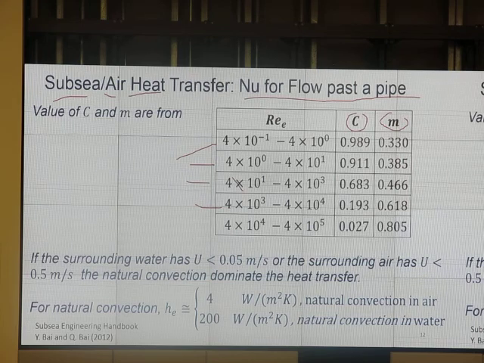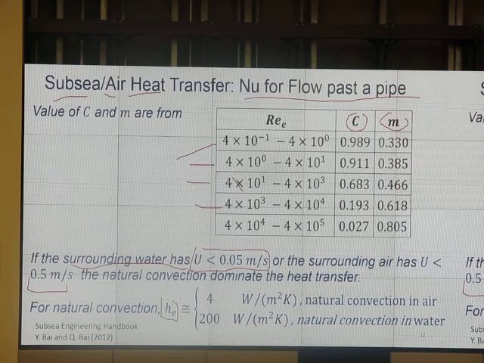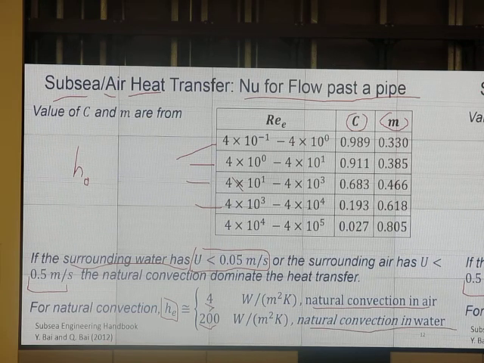If the surrounding water has velocity less than 0.05 meter per second, and for air, velocity less than 0.5 meter per second, even though you don't have wind, you may estimate H sub E or HO, same thing, the heat transfer coefficient of the environment, as 4 or 200, okay? Watt per meter square per Kelvin. Natural convection in air, natural convection in water. So for water, H sub E is 200, for air is 4.